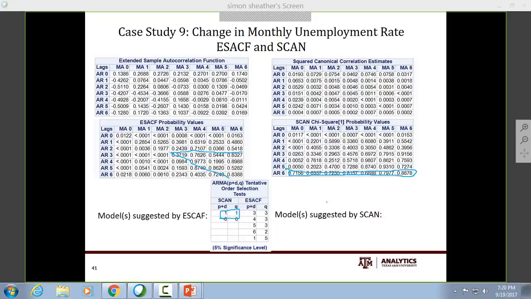Now, on the midterm tests, we're going to do a review next week. You'll see that I give you some data sets and you have to pick from the ESACF and the scan statistic what model. I will never give you one like the scan statistic in this example because it's not clear. But again, all is not lost.